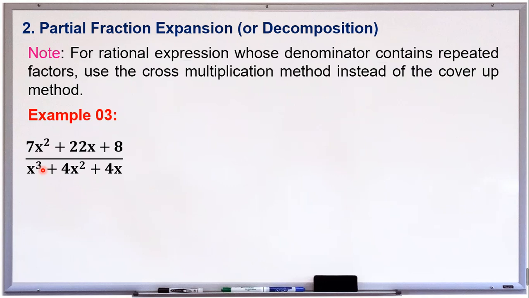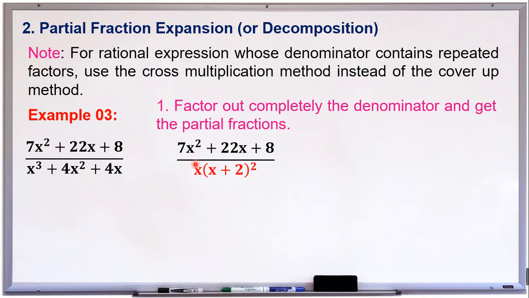So the factors for x cubed plus 4x squared plus 4x, we know that we have a common factor for each term, that is x. So extract the x variable, and then what's left is x squared plus 4x plus 4, and that is a perfect square trinomial. That is why we have a repeated factor of x plus 2.